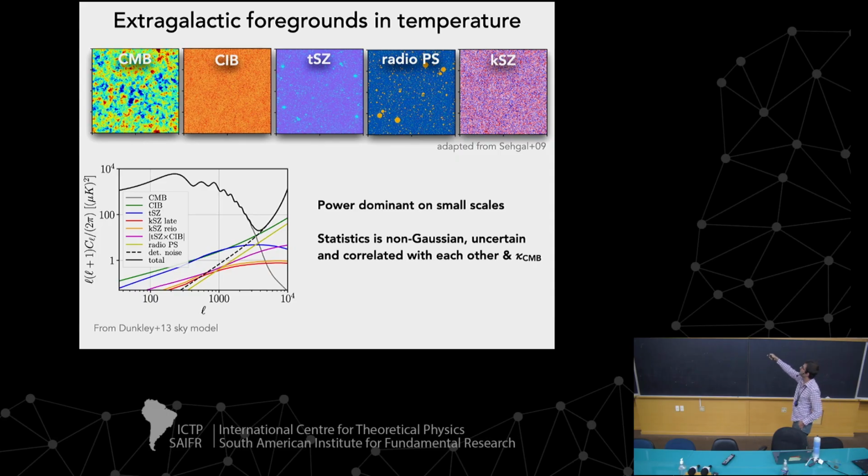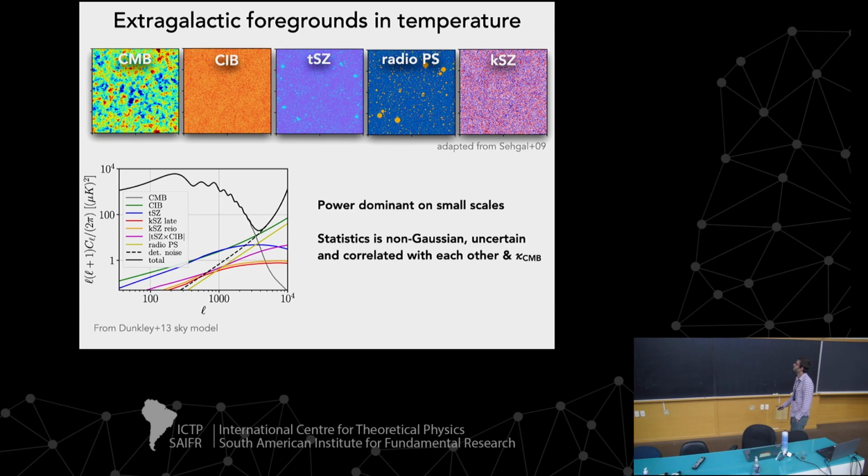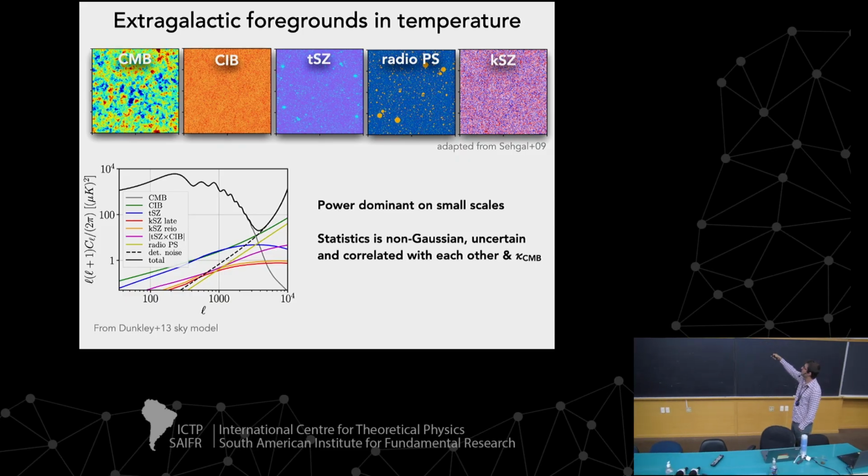The gray line that you see here with the wiggles and going down should be very familiar by this point. So this is the primary CMB power spectrum. And all the colorful lines you see here are those different foregrounds. So you see, again, cosmic infrared background in green, thermal SZ in blue, kinematic SZ from clusters and reionization in red and orange.